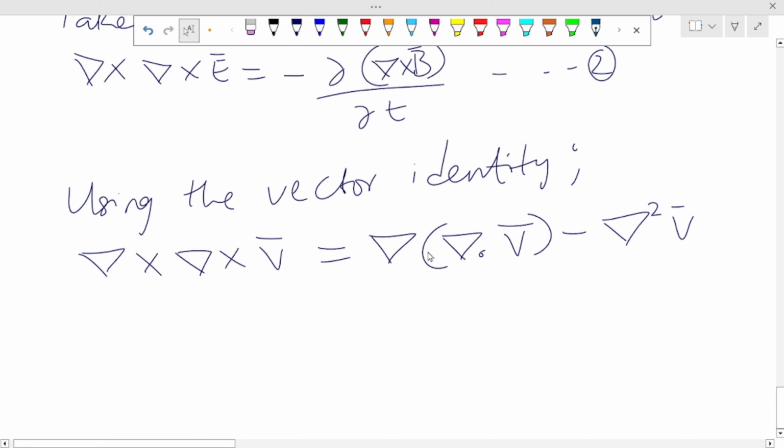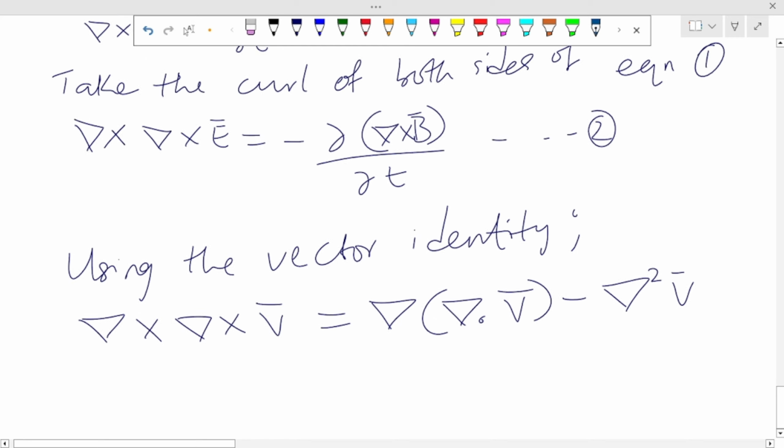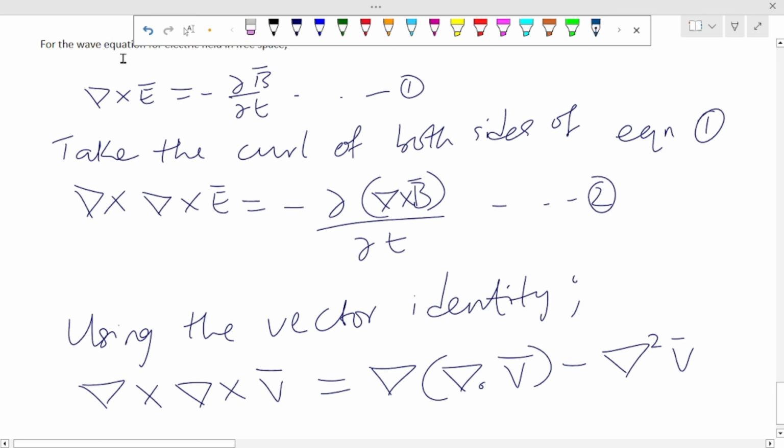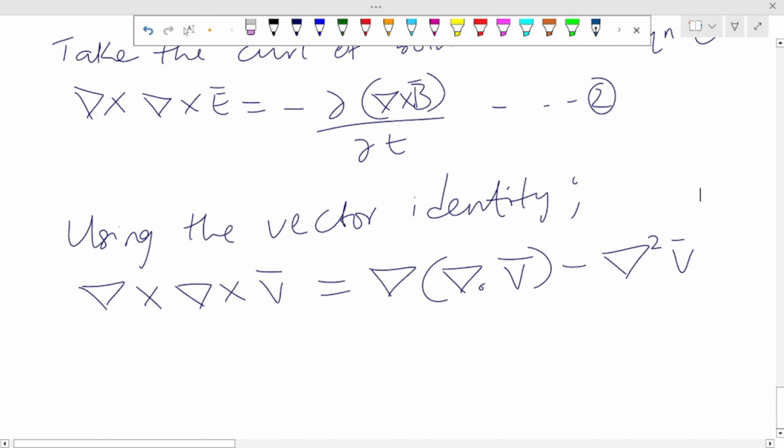Okay, now have you seen that once you've seen this, you have one curl here, and if I take another curl, it will result in this expression, which you can simply take. That is, instead of writing this whole part, we are going to write this.